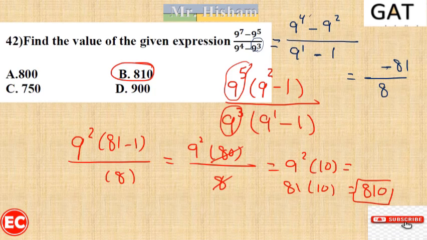Then subtract 81. This number will give you what? Go ahead and do it and check it. If this is much easier than what I'm using here, you can go ahead with solving the question this way.